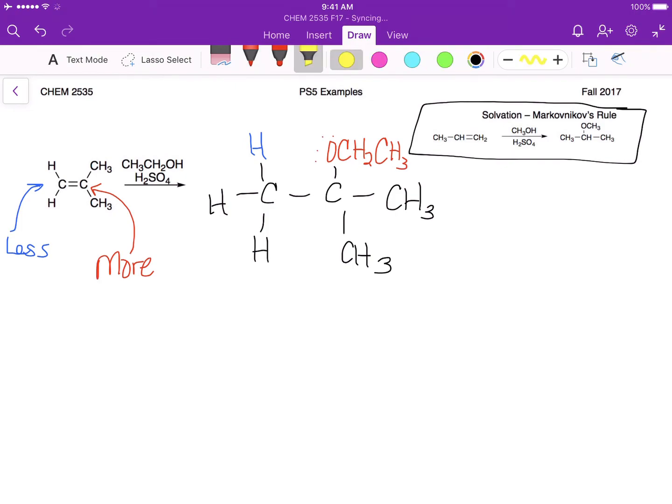Now, note that everything attached to this oxygen here came along for the ride. We didn't randomly lose any carbons or add any more carbons or anything like that. So whatever is attached to that group came along for the ride, and that's our product. Now, this product is an ether. So whenever you're adding an alcohol, you're going to get an ether as your product.